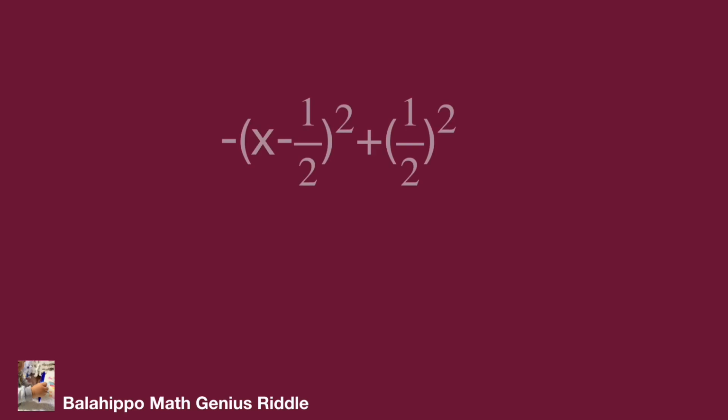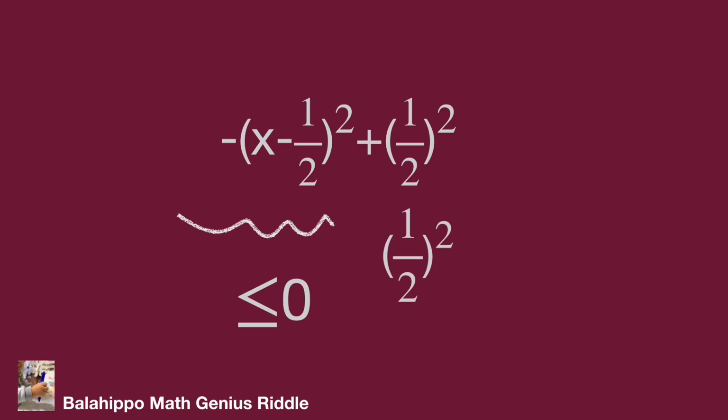Adjust as minus quantity x minus 1/2 squared plus quantity 1/2 squared. Quantity x minus 1/2 squared is larger or equal to 0. So minus quantity x minus 1/2 squared is less or equal to 0. So the maximum is 1 over 2 squared. It is 1 over 4.